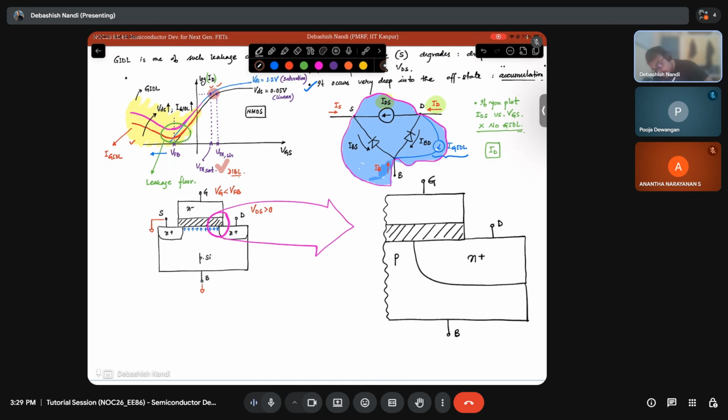And gate is N plus poly. Now my VGS or VG is less than VFB, VD is greater than 0, VB is grounded. Now I want to draw the band diagram across these regions, across this and across this.